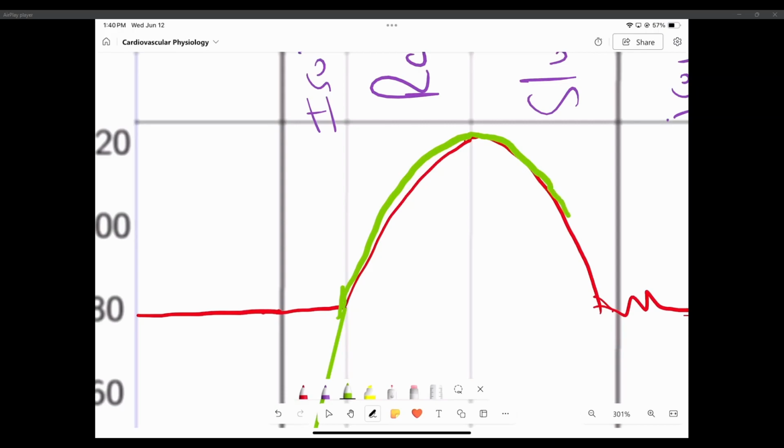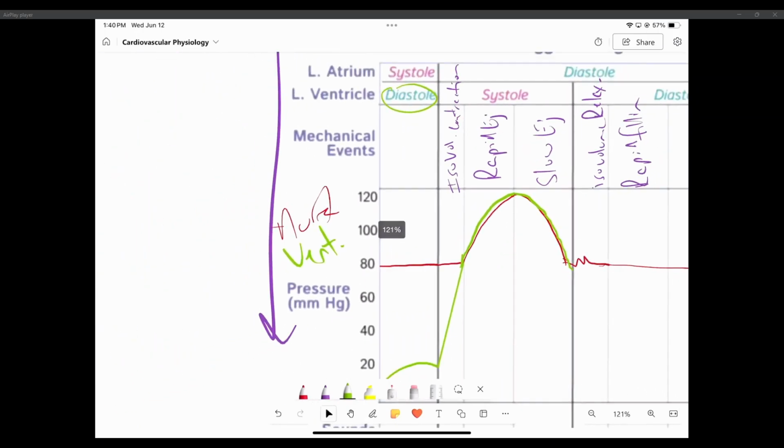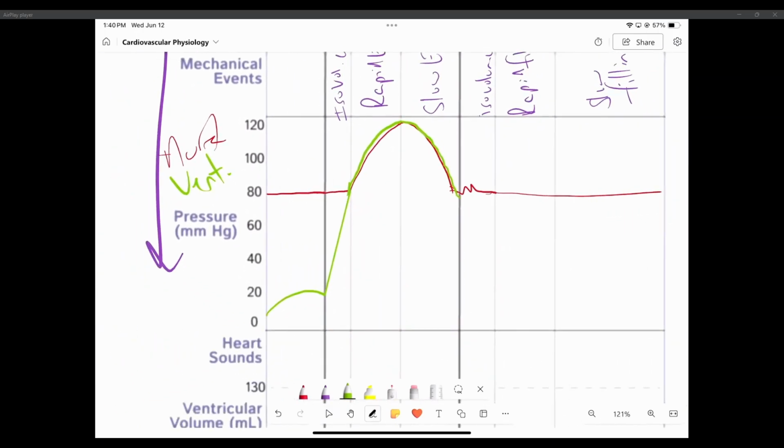So this green line is going to hover, hover, hover, and once we get here, we go below that line. Now the green line is below the aortic pressure. What happens to that aortic valve? Closes.